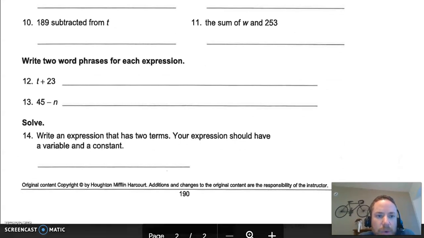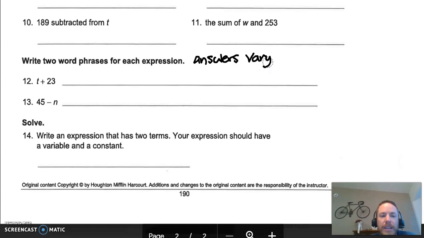Write 2 word phrases for each expression. This is one where answers will vary. Your answers might not look exactly like mine, but I'll just pick out a couple. T plus 23, you literally could write T plus 23. That to me is a little too simple.